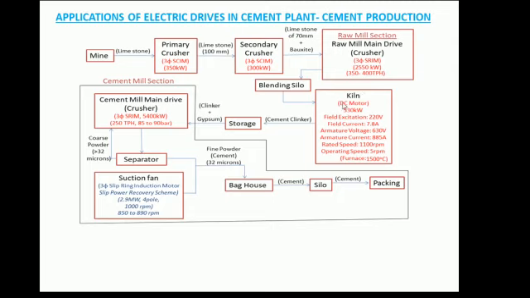This heated output product of the kiln is known as cement clinker, which is an important term. This cement clinker is fed to a storage place and stored for 2 to 3 days, after which it is added with gypsum. This mixture of clinker and gypsum is fed to the cement mill main drive in the cement mill section.